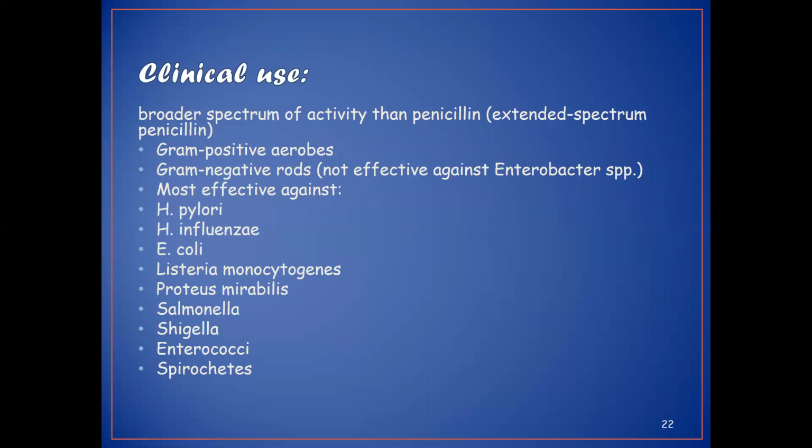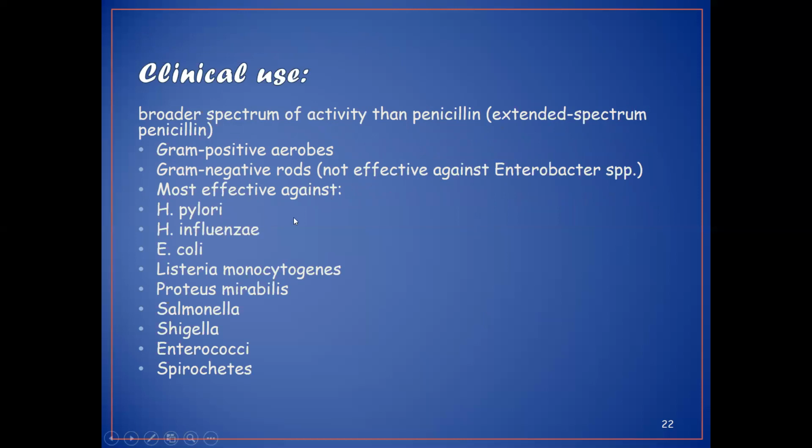So clinical use. They have a broader spectrum of activity than penicillin, so we refer to them as extended-spectrum penicillins. They work against gram-positive aerobes and gram-negative rods. However, they are not effective against Enterobacter species.